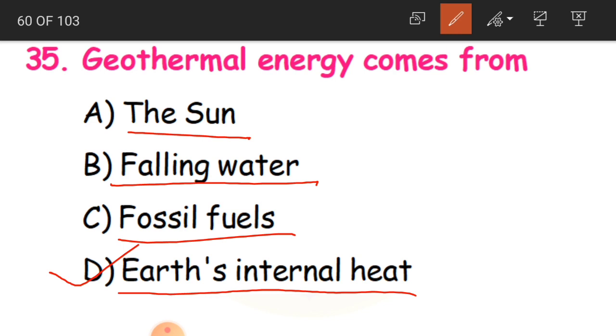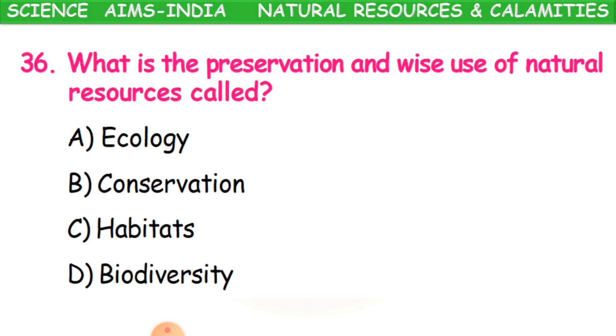As we have said in the beginning also for some question, geothermal is the energy which comes from Earth's internal heat. This is generated and stored in the inside layers of the earth. And sometimes, very rarely, even this geothermal energy causes earthquakes also, but it is very rare. And 36th question.